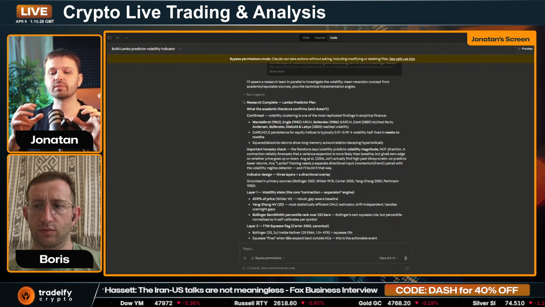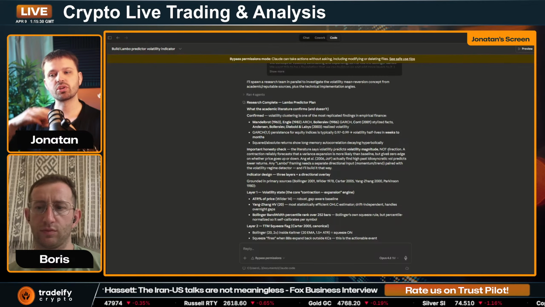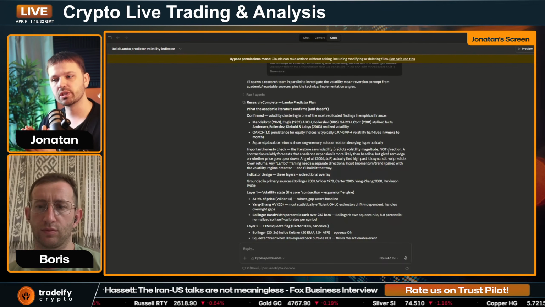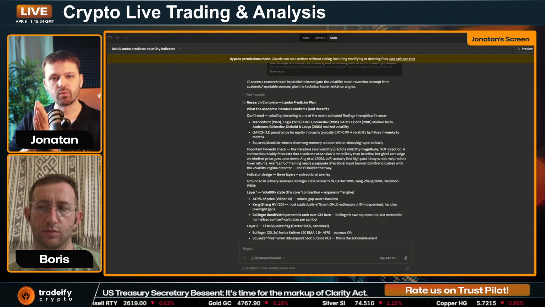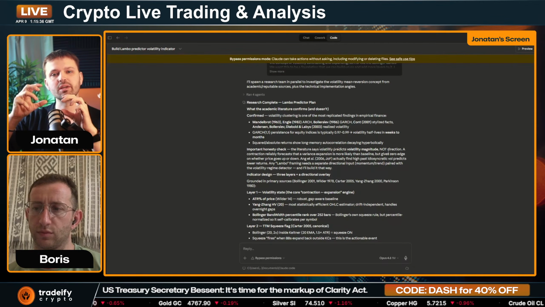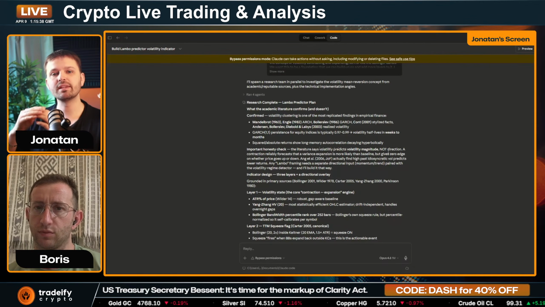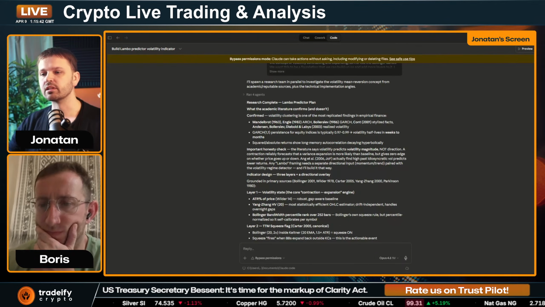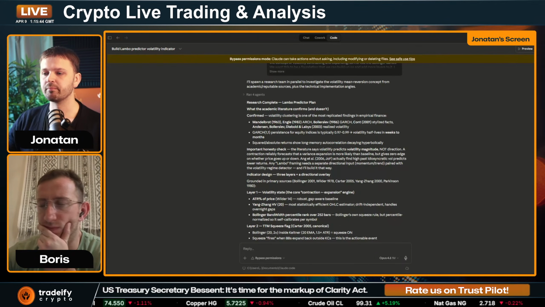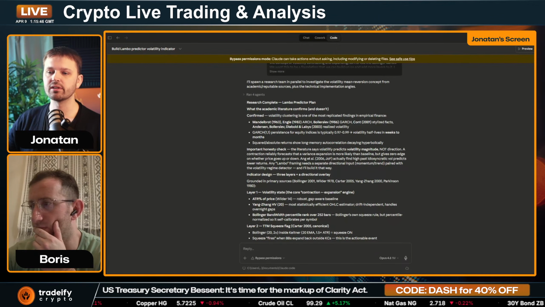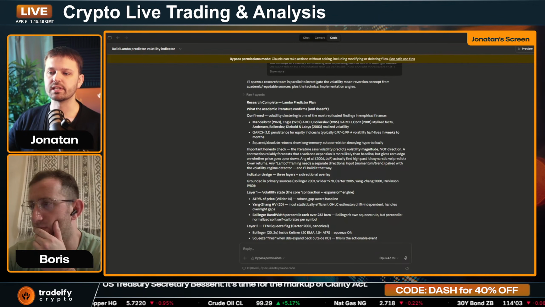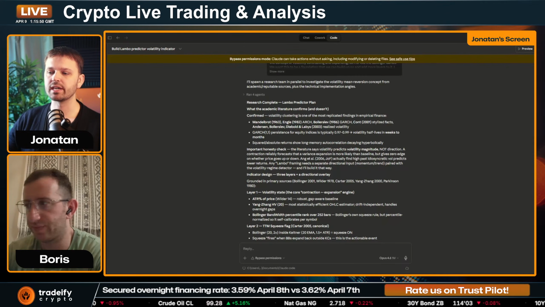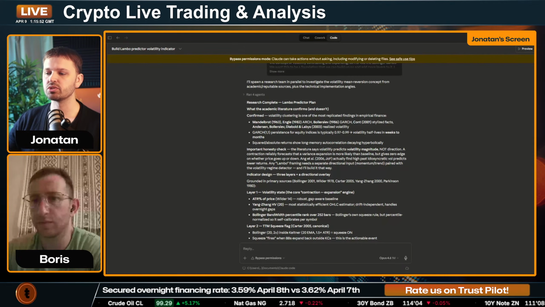But we can assume that once volatility starts to expand, it's usually going to be a directional move, which in most cases is going to be in the direction of the prevailing trend. On Bitcoin, we have a clear example of volatility expanding, contracting, expanding, and contracting.